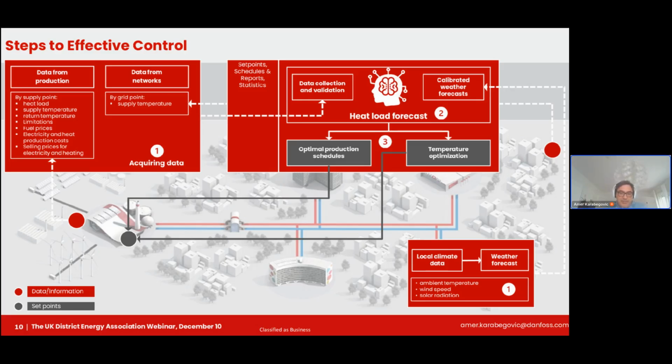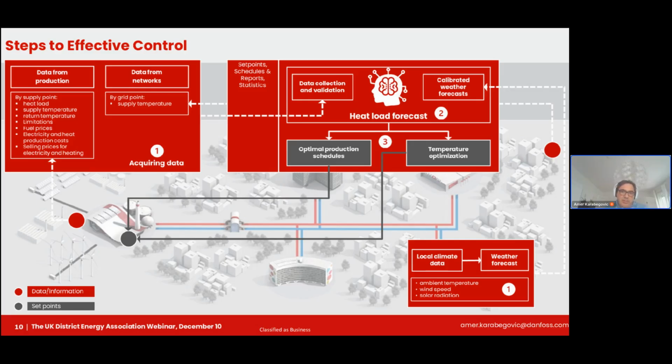Ultimately, all the steps taken so far must be integrated into a single solution that enables efficient control, system tuning, and optimization. As I mentioned before, everything starts with acquiring data from the energy centers, from the network, and from the end users.